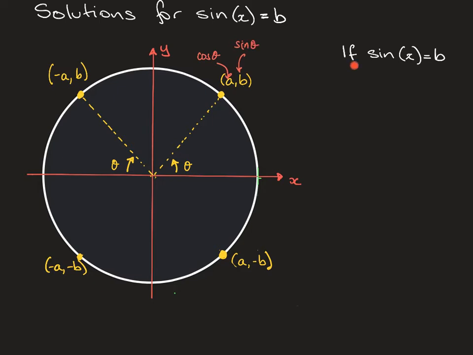So if we're trying to solve sine of something is equal to b, what we're looking for is what angle has a y coordinate of b.